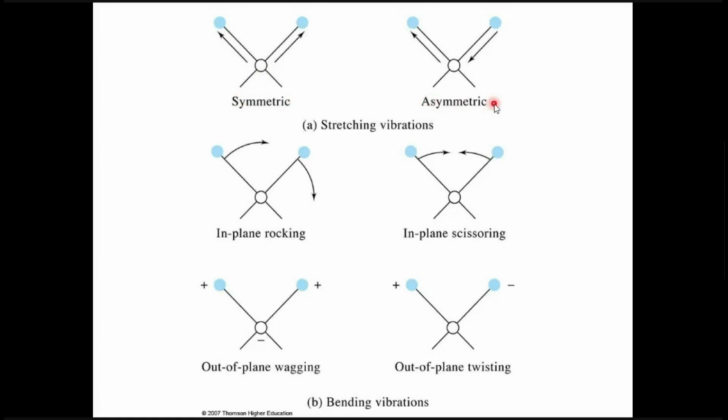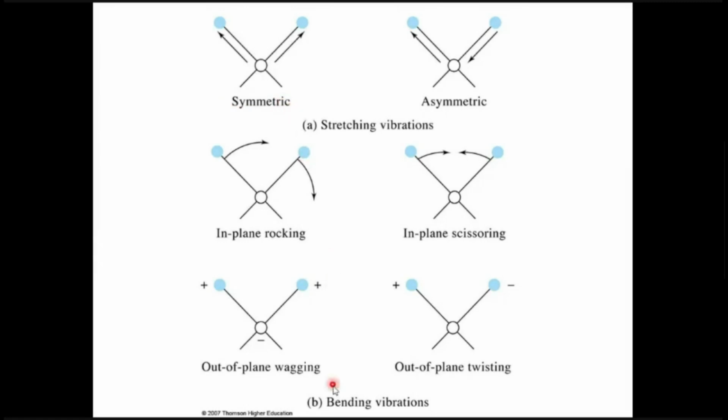In asymmetric stretching, as one atom goes away from the central atom, the other atom comes nearer to it. And vice versa, when it is moving away, this atom will come closer. So this molecule here is performing stretching vibrations in a symmetric manner, and over here this molecule is performing stretching vibrations in an asymmetric manner.